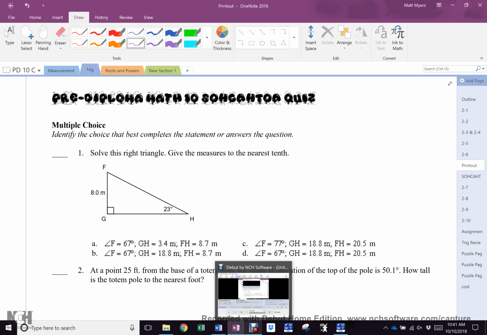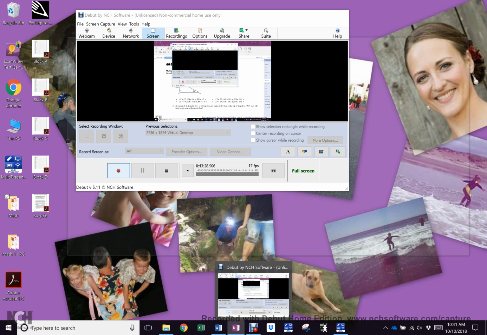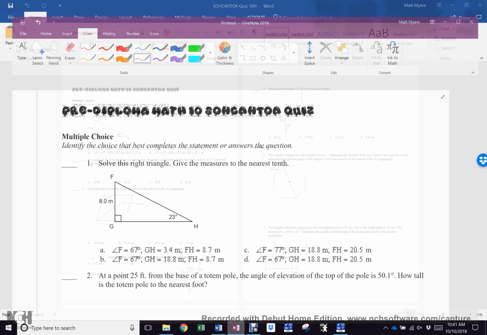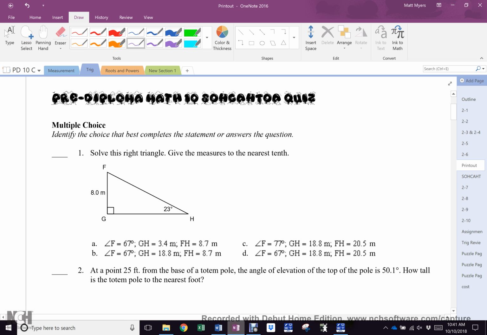Okay. We are a little bit short on time, so we're going to go ahead and trust that Catherine will be able to sort it out in a moment. Now, in this first question, this is how long it should have taken. Theta is 23, opposite is 8. You need an adjacent, which equals little f, and a hypotenuse, which equals little g.